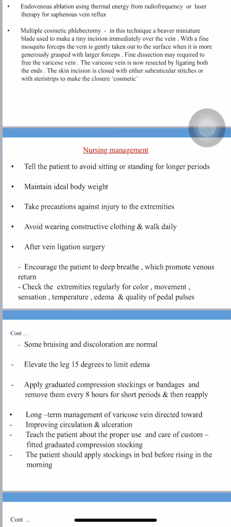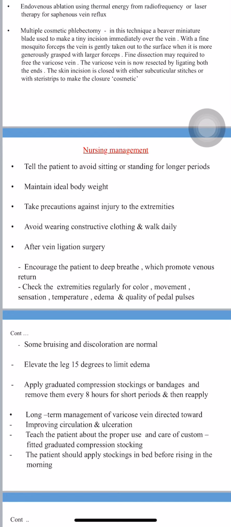After vein ligation surgery, encourage the patient to deep breathe, which promotes venous return, and check the extremities regularly for color, movement and sensation, temperature, edema and quality of pulses. Some bruising or discoloration is normal. Elevate the leg to limit the edema, and apply graduated compression stockings or bandages, removing them every 8 hours for short periods and then reapplying.